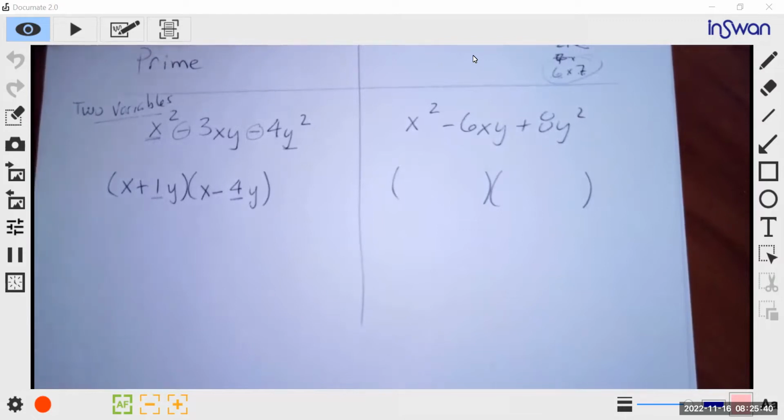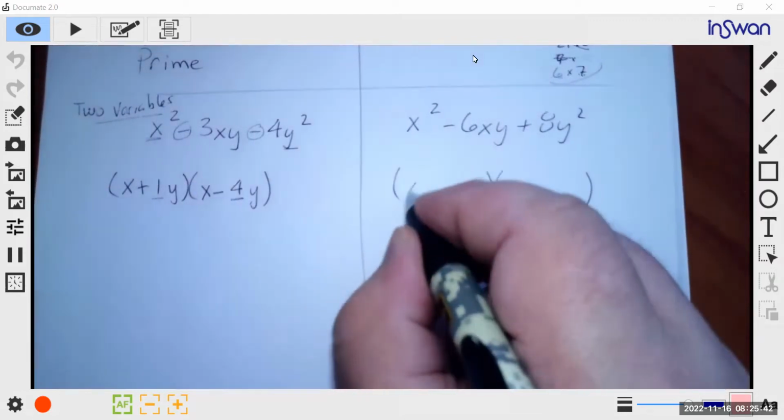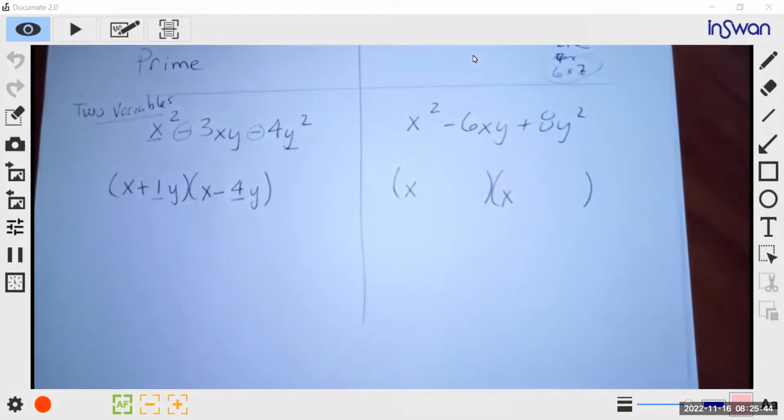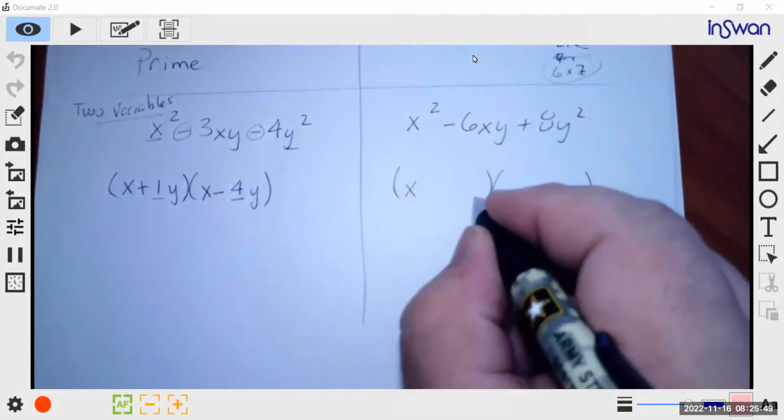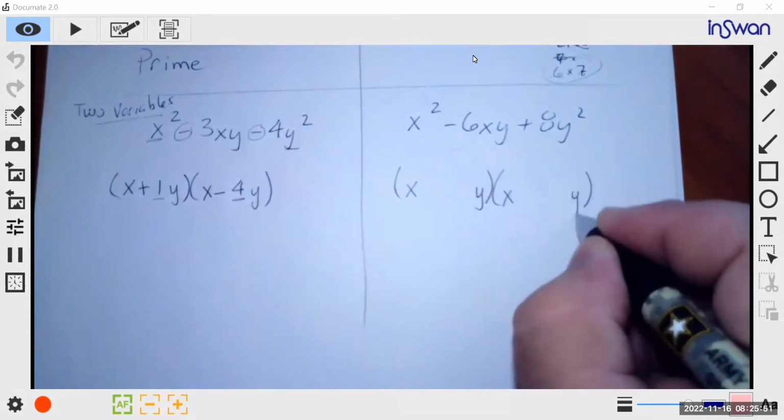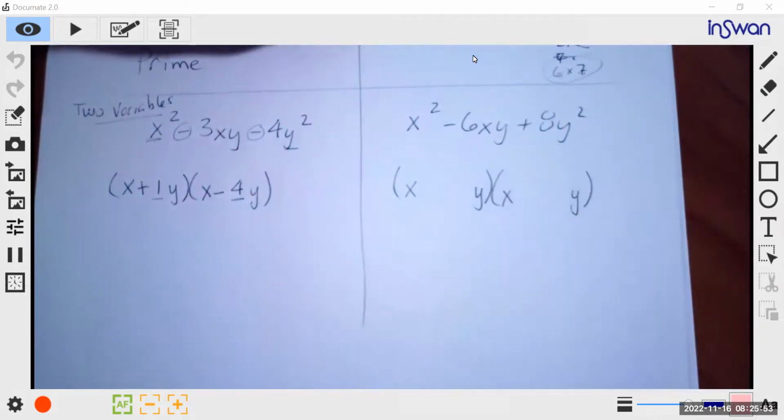So what goes in the first space here? X and X. And the last space gets a Y and Y. That's where the Y squared comes from. What about the signs?